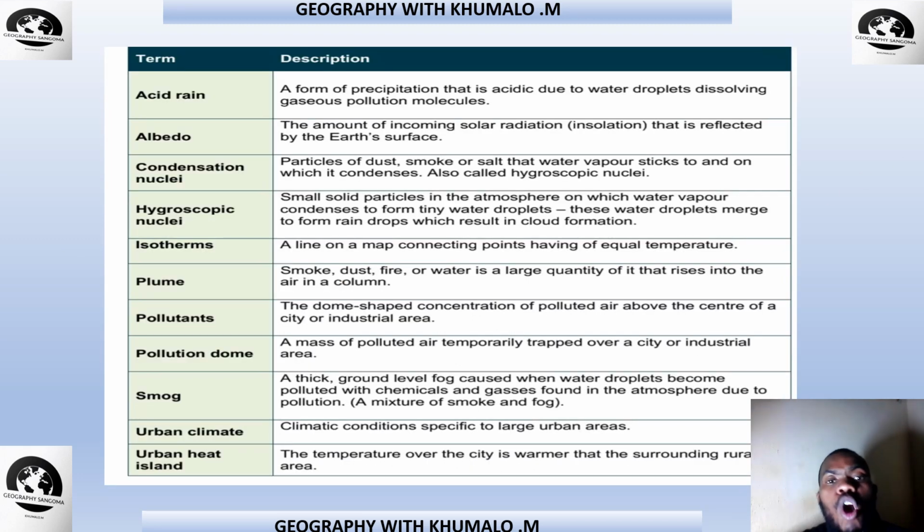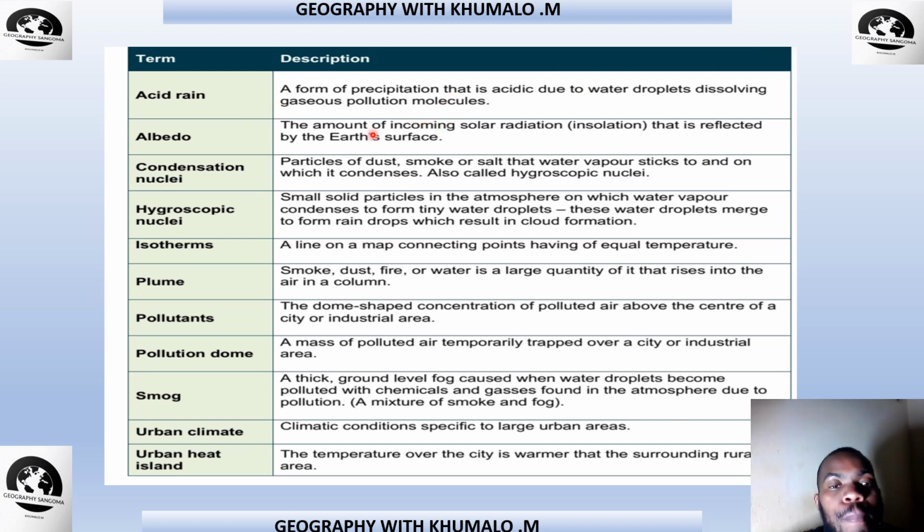Now, to start off grade 12, I want us to look at the terminologies. Terminologies such as acid rain, a form of precipitation that is acidic due to water droplets dissolving gaseous pollution molecules. And then we've got the term albedo. Albedo is the amount of incoming solar radiation, which is insolation, that is reflected by the Earth's surface.